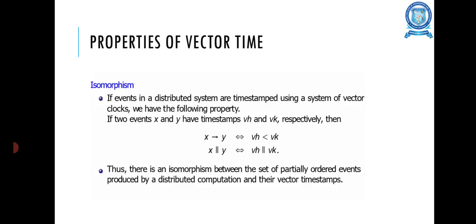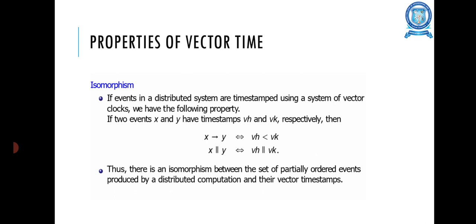Properties of vector time. Vector time has the following properties. The first one is isomorphism. If events in a distributed system are timestamped using a system of vector clocks, we have the following property: if two events x and y have timestamps vh and vk respectively, then x happens before y means vh is less than vk.